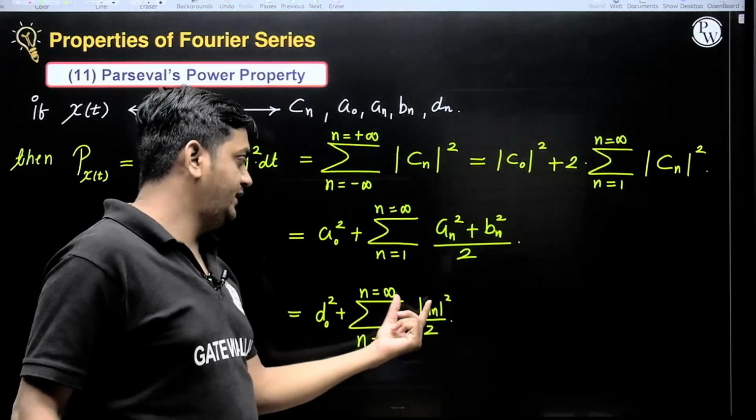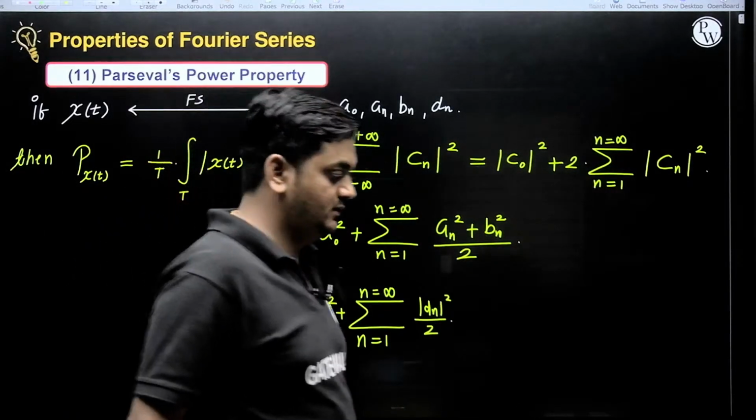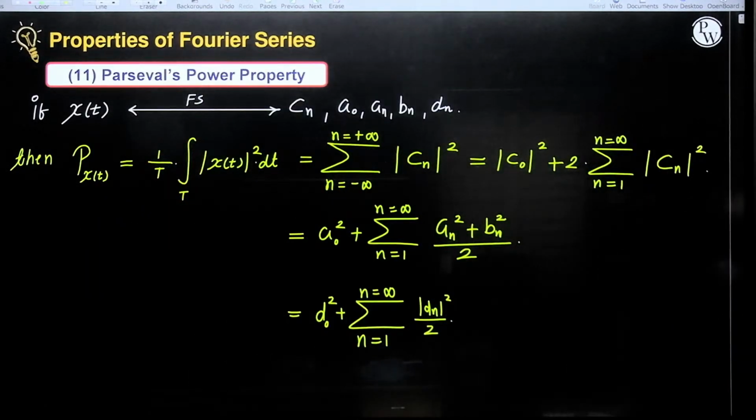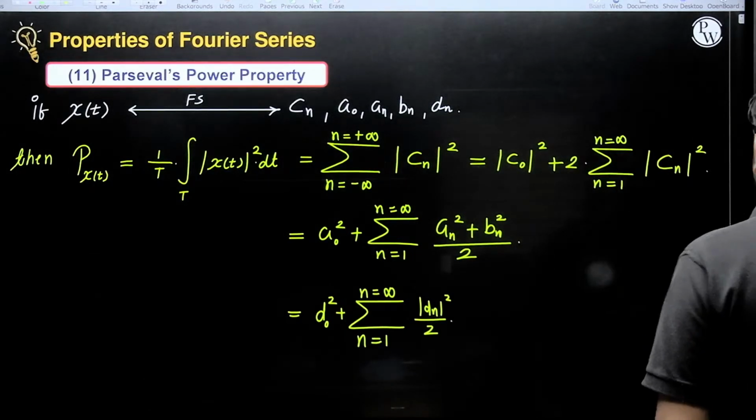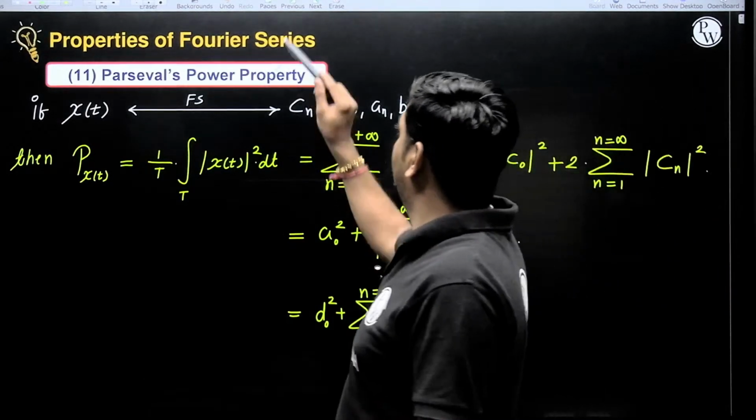Already we know that mod dn square equals an square plus bn square. So this is Parseval's power theorem, fine. This is property number 11.